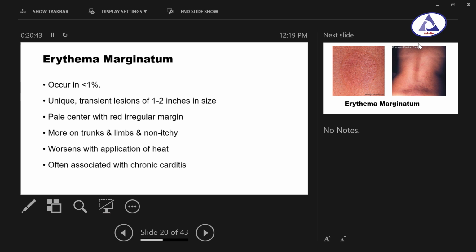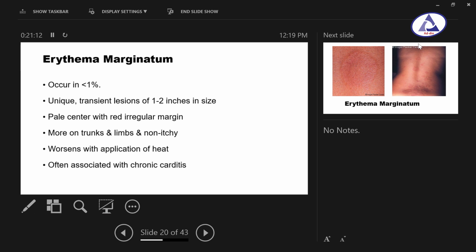Another feature is erythema marginatum. It occurs in less than 1% of the cases. It is a unique transient lesion of 1 to 2 inches in size, map-like, sometimes changing in shape and position, with a pale center and red irregular margin.